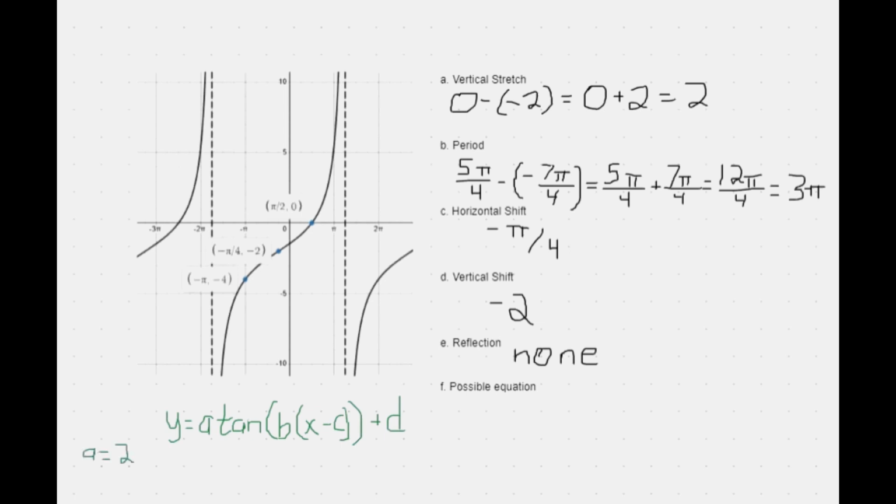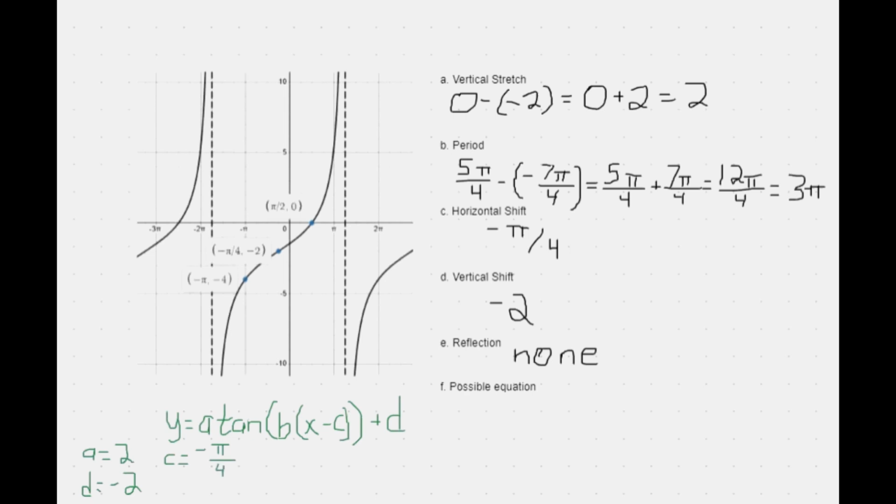The value of d, that corresponds to the vertical shift. So d is equal to -2. The value of c for this particular formula corresponds to the horizontal shift. So c is equal to -pi over 4.